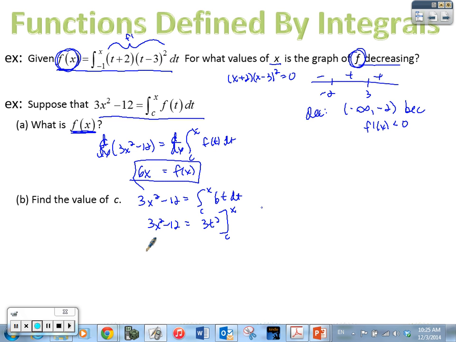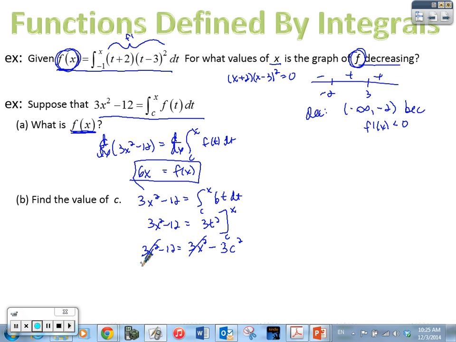Okay, so let's keep going with that train of thought. Let's do our evaluation, f of b minus f of a. I put the b in, and I get 3x squared minus, I put the a in, which is c, 3c squared. At this point, you probably notice that the 3x squareds are going to net out. They're going to go away.